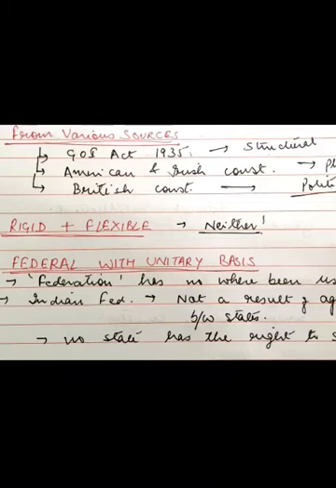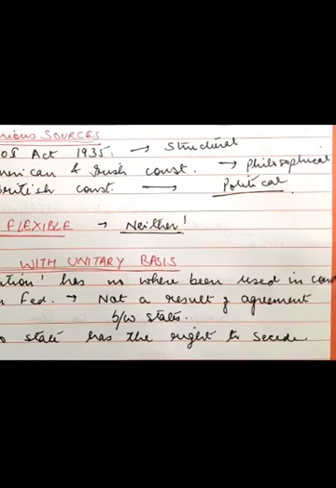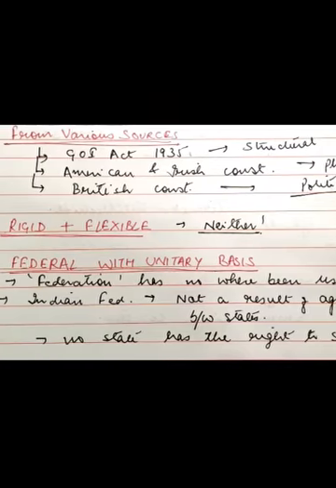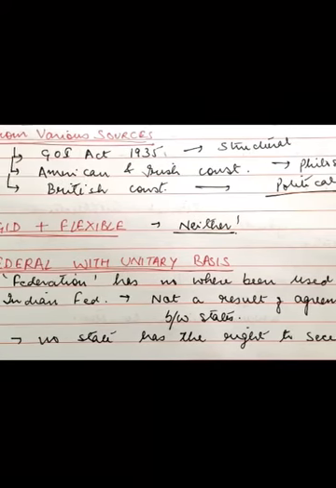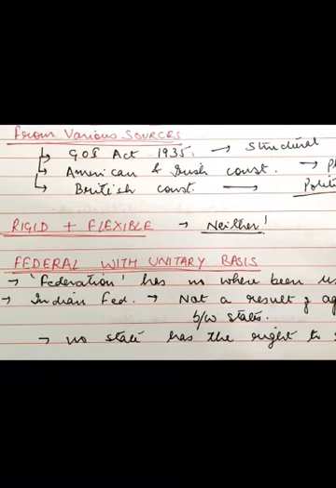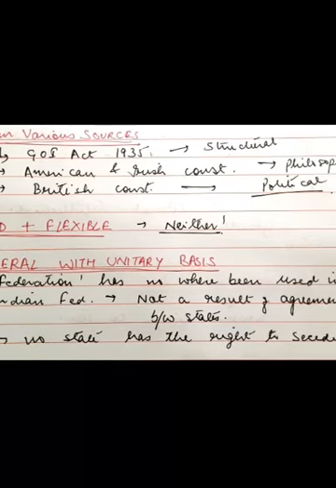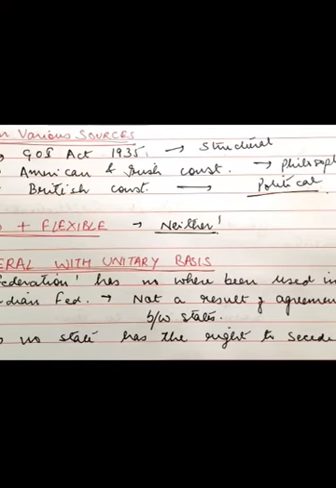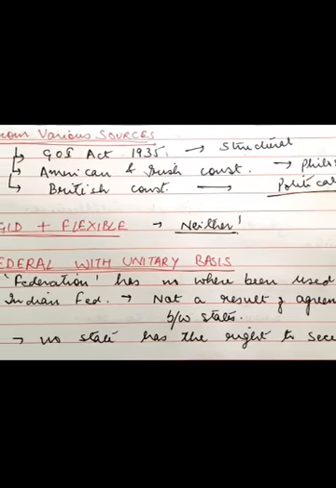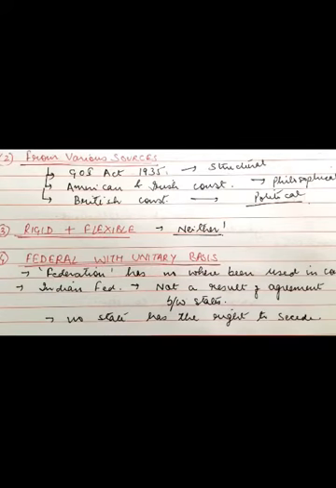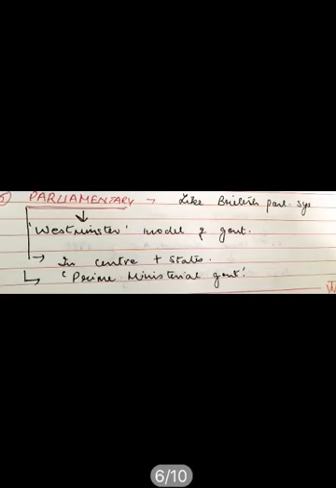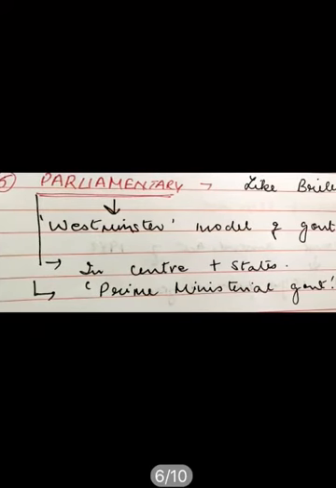The Indian federation is not a result of an agreement between the states, and no state has the right to secede from the Indian federation. So these are the two very important points that you would actually study: the Indian Federation is not a result of an agreement between the states, and no state has the right to secede.